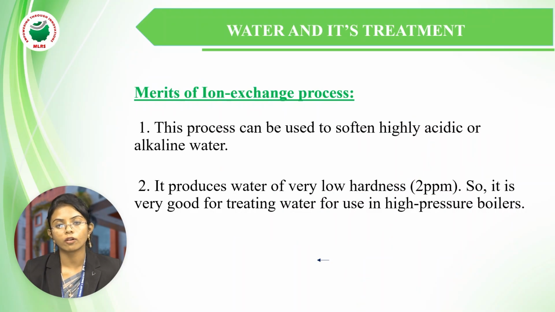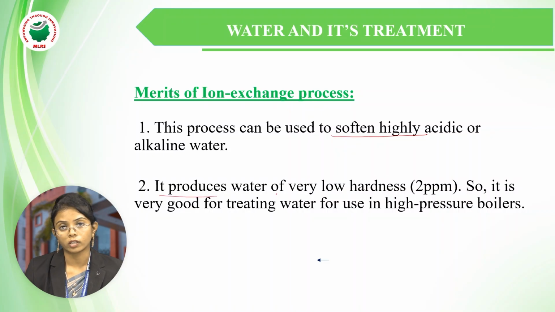Coming to the merits of the ion exchange process, the main advantage is that this process can be used to soften highly acidic or highly alkaline water. Whatever the hard water, if it is highly acidic or highly alkaline, we can remove the acidity and basicity, or the ions present in the water, by this process, and finally derive soft water.